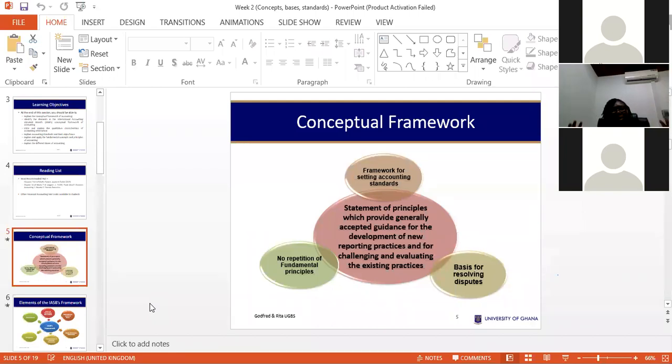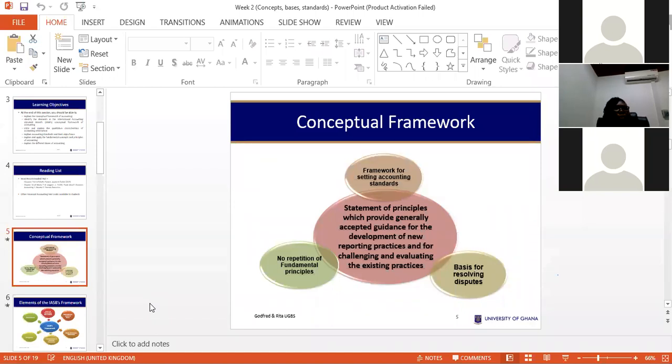So the framework is just a structure that contains all issues that relate to the development of reporting practices over time. Okay, the guidelines that have been agreed upon internationally, that help us to prepare the financial information in a certain order.